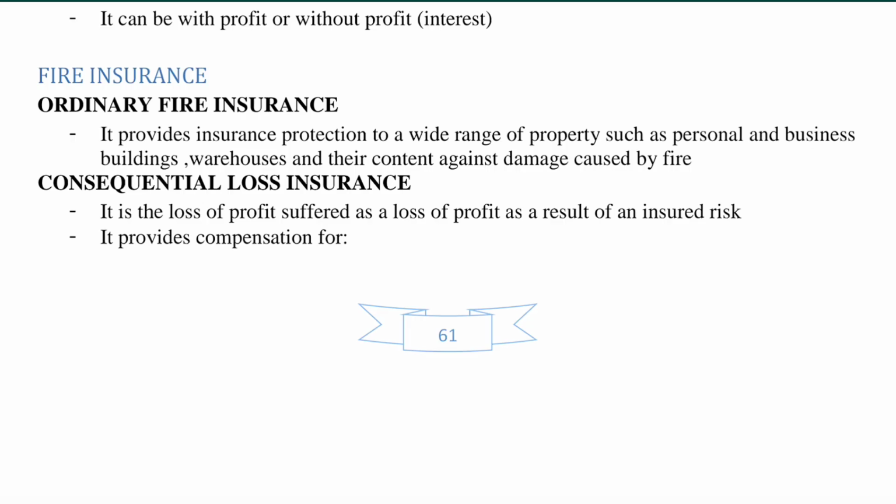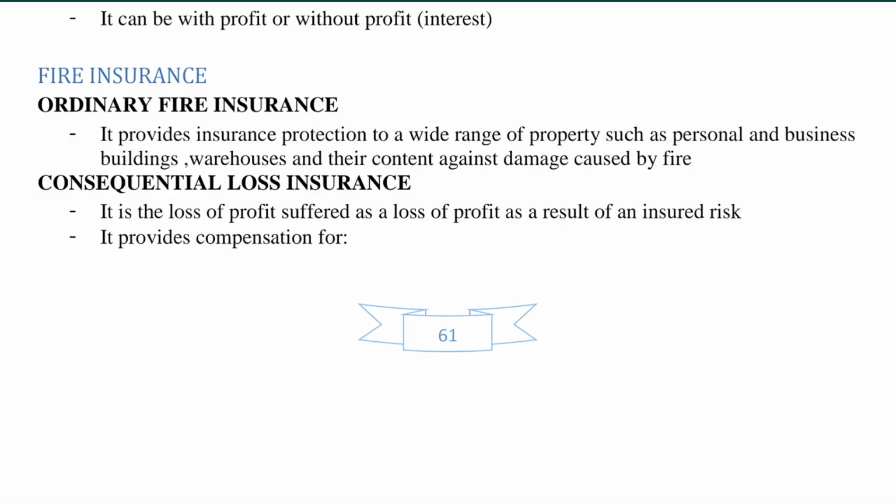So last time we looked at principles of insurance. Today we're going to look at fire insurance. We have ordinary fire insurance and also consequential loss insurance.